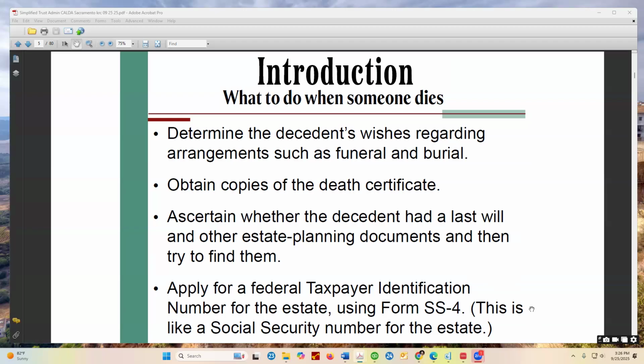Apply for a federal ID number using the SS-4 form, and we also do them online while the clients wait.